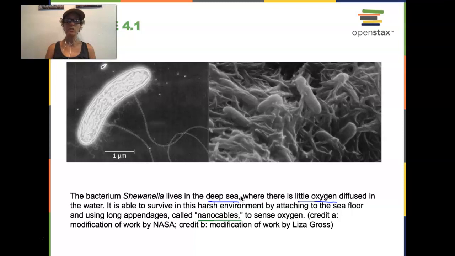When we get into the chapters on metabolism, we will talk about both aerobic metabolism, which requires oxygen, and anaerobic metabolism, which means organisms that can grow when there is no oxygen present. These organisms attach to the sea floor with nanocables to sense oxygen and be able to use it, but they can survive in the absence of oxygen.